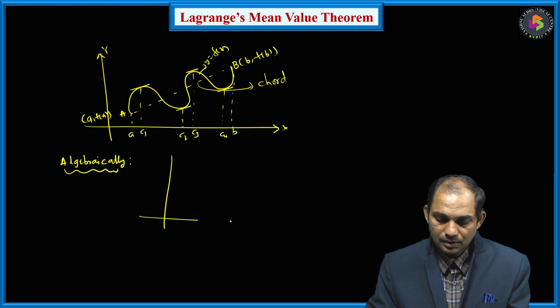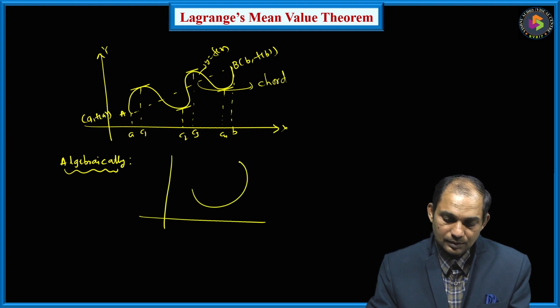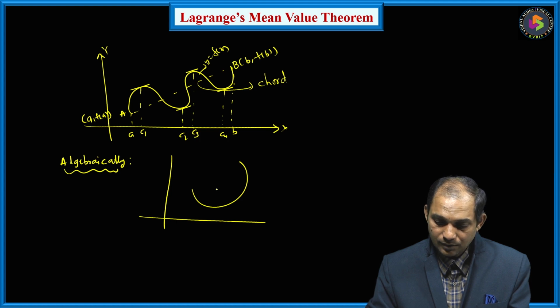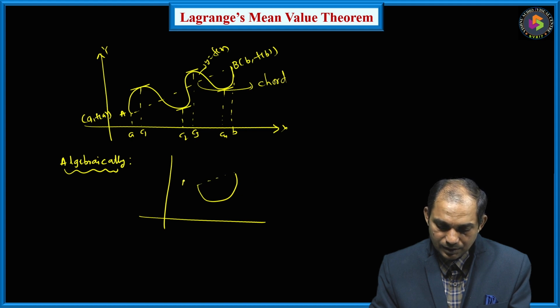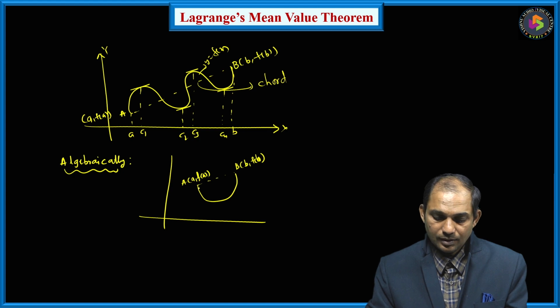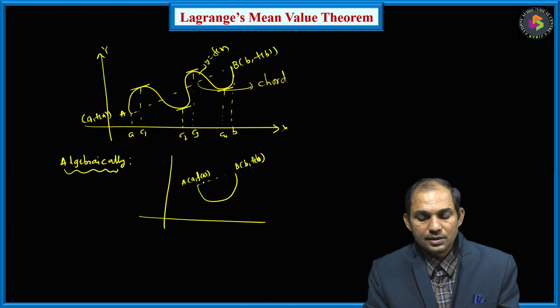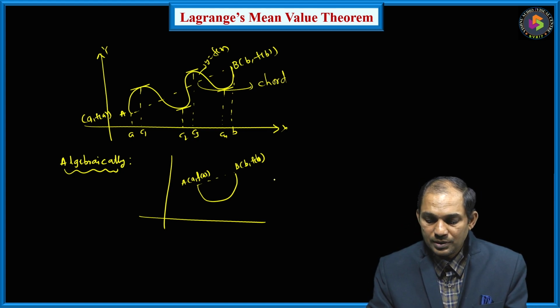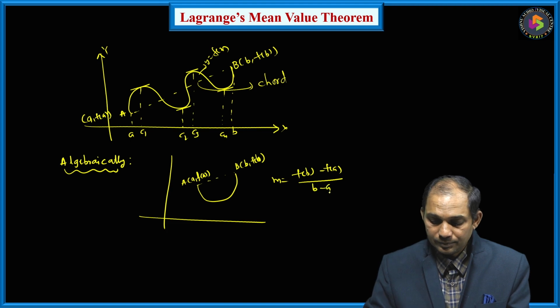For example, if you consider the rough sketch, this point is given by a comma f of a, and this point is given by b comma f of b. If you consider these as two points x1, y1 and x2, y2, the slope is given by m is equal to f of b minus f of a by b minus a.